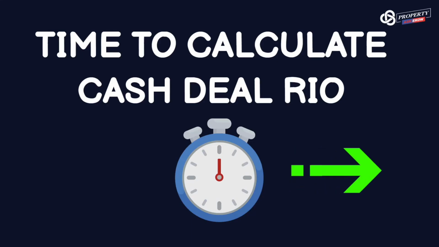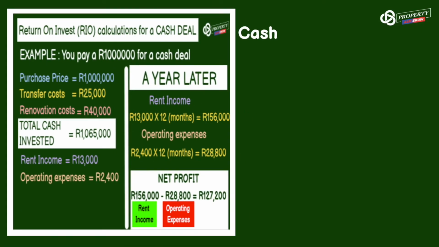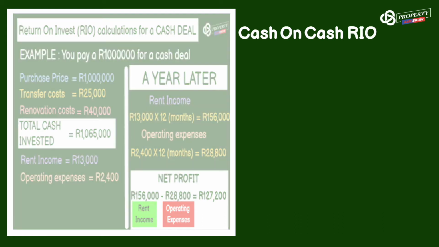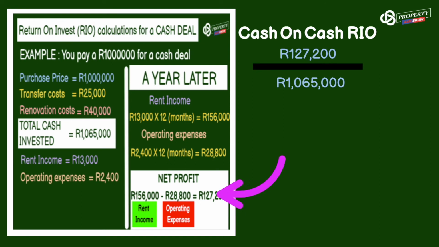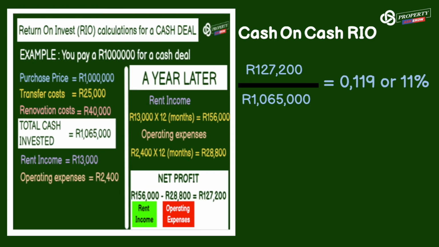Therefore, your net profit will be equal to 127,200. We now go to calculate our ROI, and our cash on cash ROI will be equal to your net profit, which is 127,200, over your cash invested, which is your total cash invested, which is 1,065,000, which is equal to 0.119 or 11%.